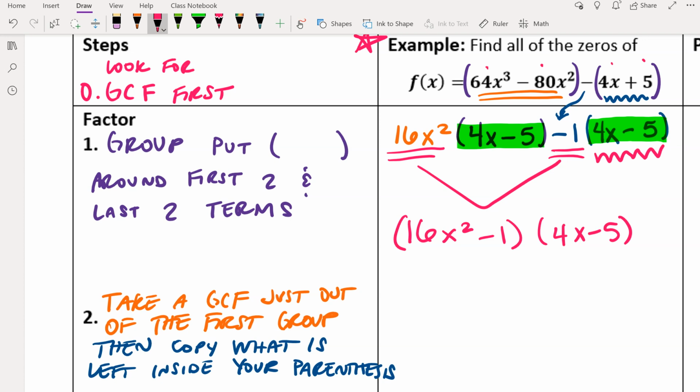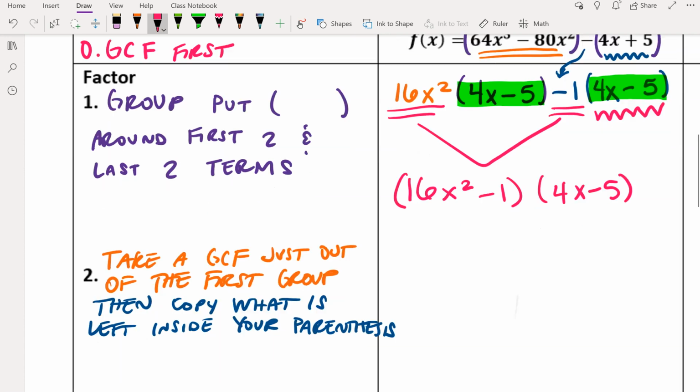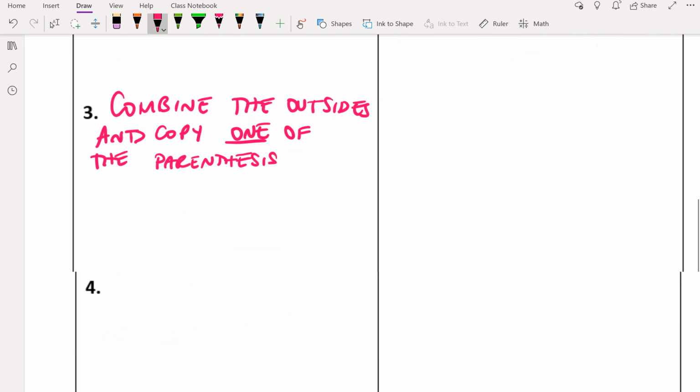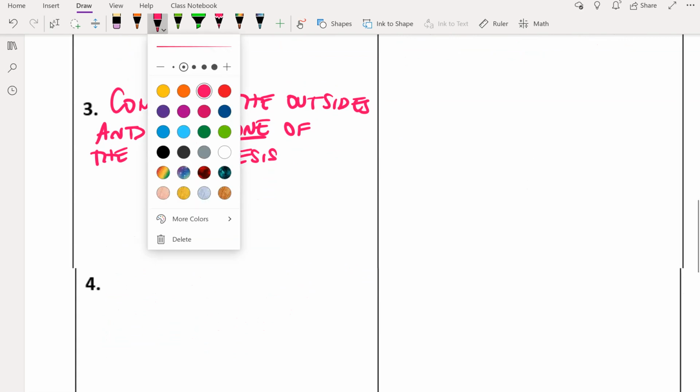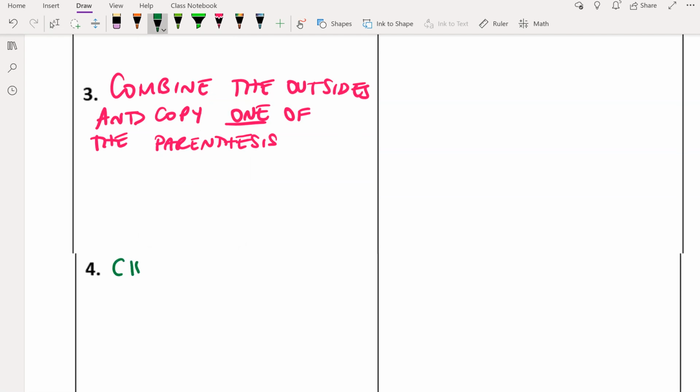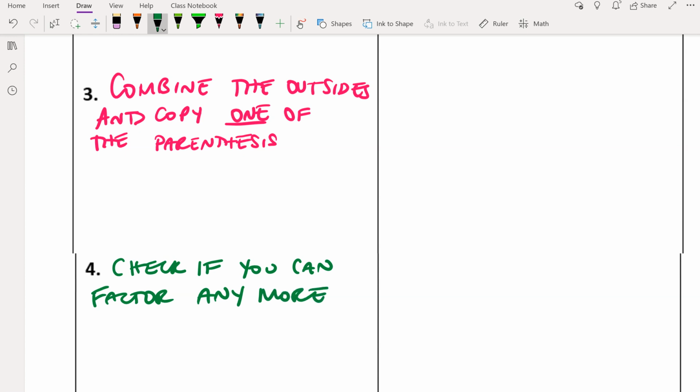Okay, so the last step is step 4. Let's write this final step down and then do it. Check if you can factor any more, and then solve.